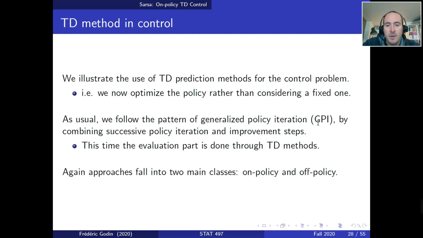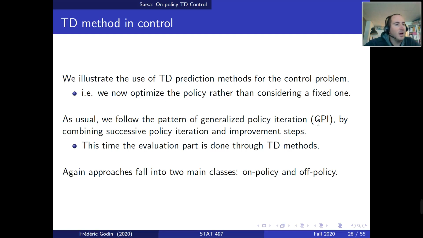So as we've done in previous chapters, we're going to follow a pattern analogous to generalized policy iteration, where we do some policy evaluation steps to refine our estimate of the value function and make it closer to the true value function of the current policy estimate.